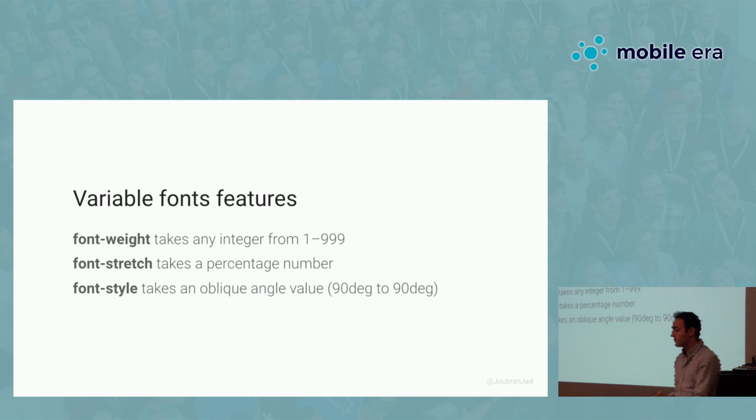But with this one, you can have any font weight from 1 to 999. So 543 is a valid font weight because you have the font file definition, not just the way they look. You have the definition and you can create on the front end, on your website, whatever you want. So if you give it 543, it's actually going to give you 543. Font stretch, you can give it any percentage number between a certain range. And font style, also any kind of degree.